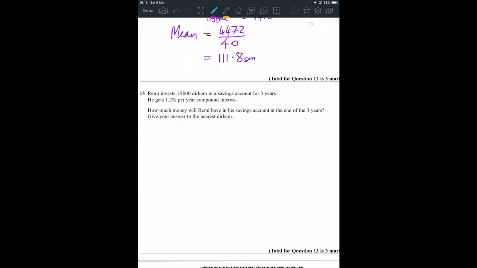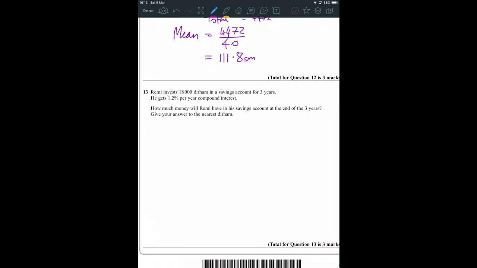Question 13. We're investing in a savings account with 1.2%. We need to remember our compound interest formula. The investment times the multiplier. Well, interest is an increase. Increase of 1.2% is 1.012 over 3 years.